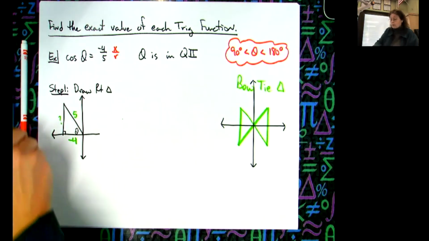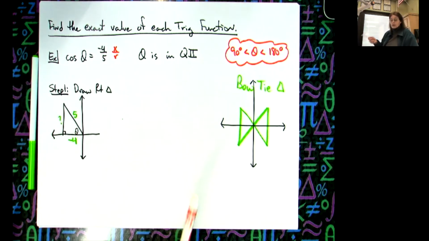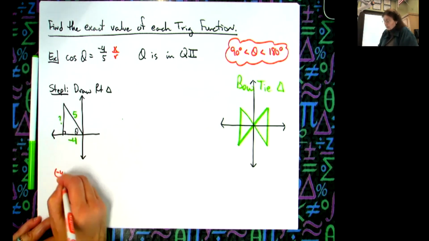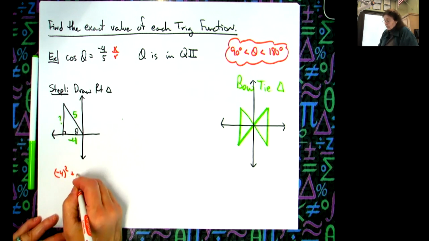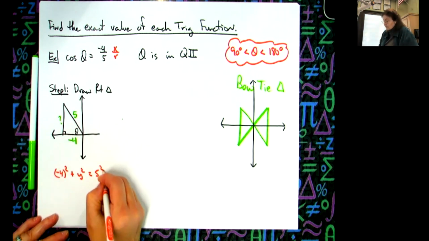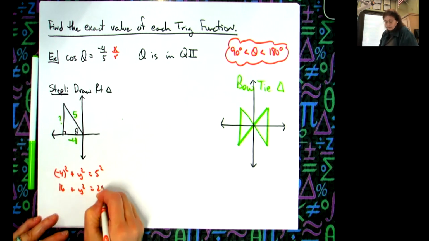So how do we do it? It's a right triangle, so I'm going to use x squared plus y squared equals the radius squared. My x squared is (-4) squared, I don't know my y, so y squared, and my radius is 5, so 5 squared. So 16 plus y squared equals 25.